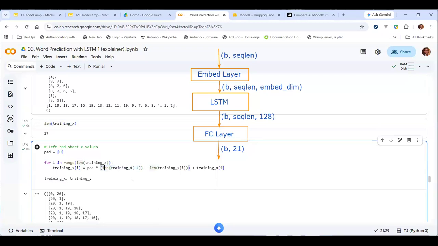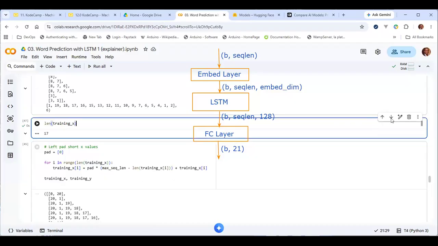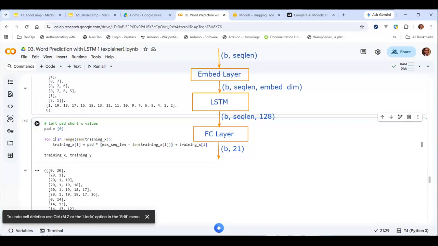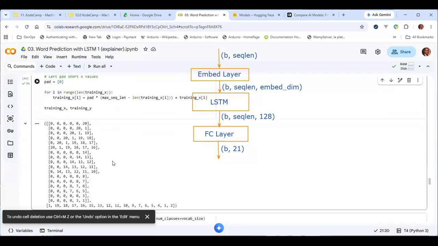This calculation I did was wrong. I was using the length of the last sequence as the maximum sequence length, but it should have been the max sequence length. Yeah, so that is what should have happened. So that's something to remember, right?